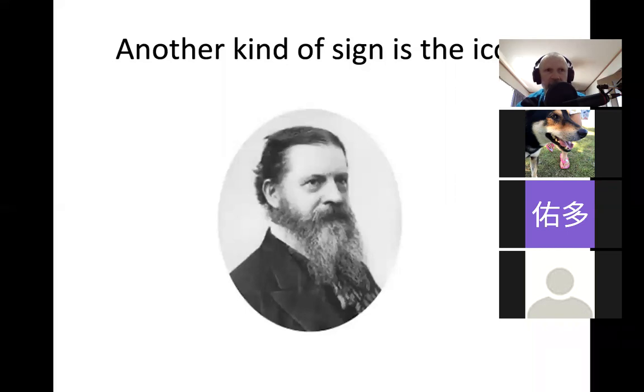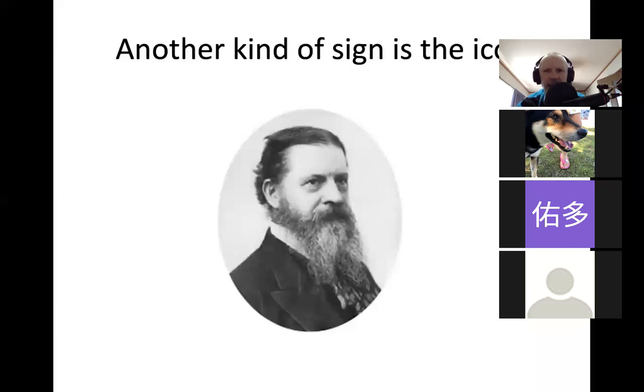Normally, in English, if we see some funny sign on a computer screen, we call it an icon, like emoji-type things. But Peirce was using icon in a slightly narrower way than that.